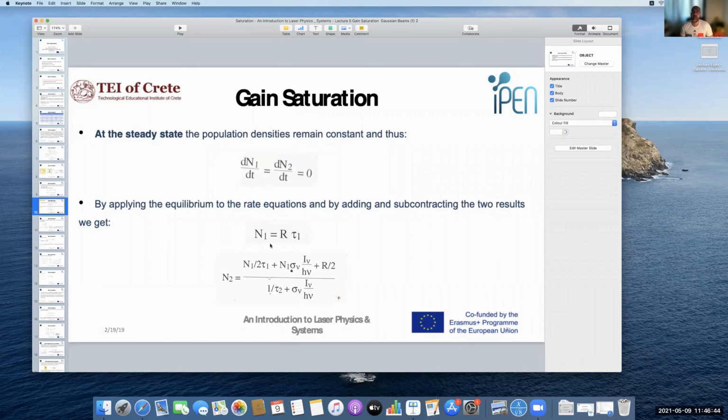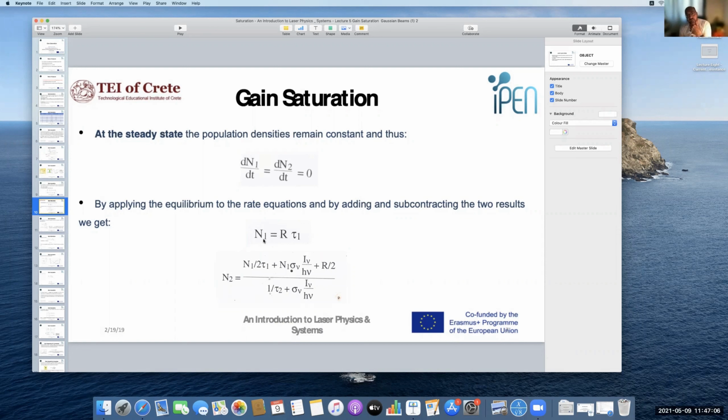At steady state, which is like the CW lasers, remember, the output of a CW laser does not change. It's not amplified, it's not lowered, which means that the gain is equal to 1. It's constant. Everything is constant.